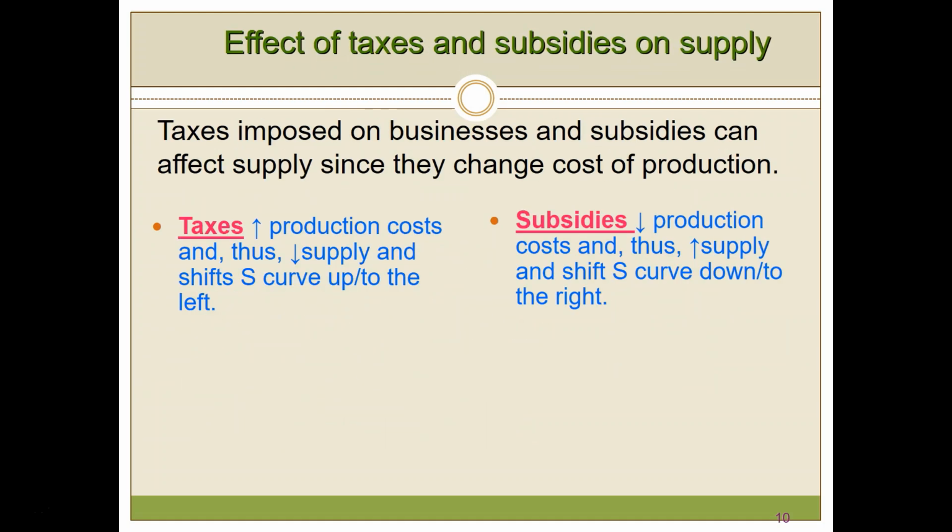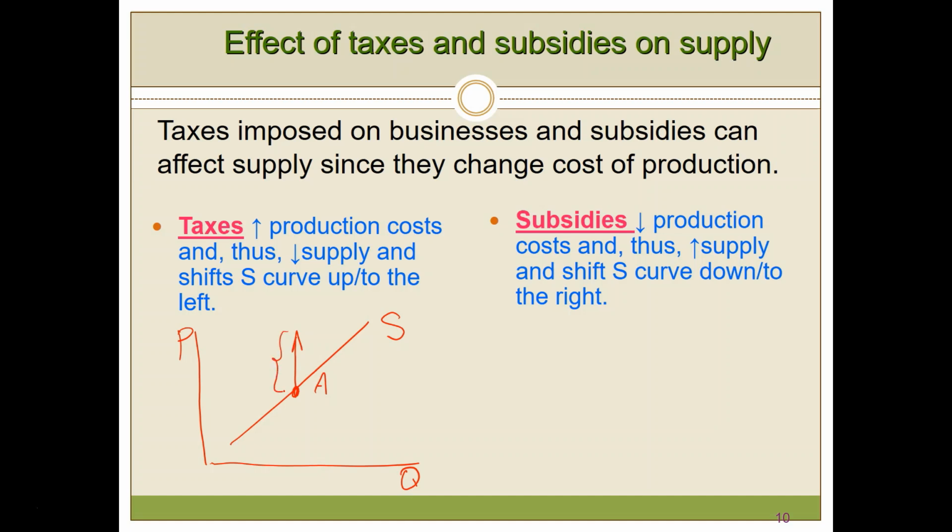Effect of taxes and subsidies on supply. These are two major forms of government policy. Government can impose additional taxes on the producers, which will increase production costs. So generally, what will happen? If we were located along this supply curve originally, this was price, this was quantity, we were located at some point A. Higher taxes implies that on top of covering our production costs, we will also need to pay taxes.